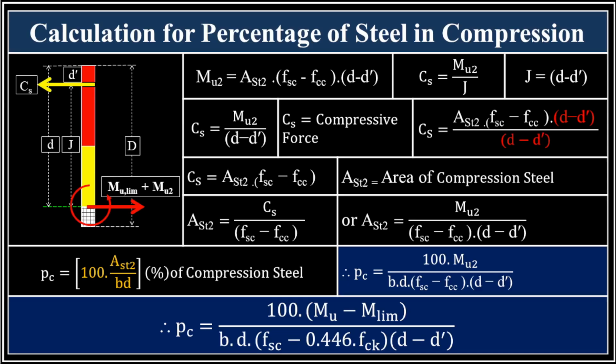In this final formula, we typically use 0.446 FCK for FCC, which is the stress in concrete at the level of compression steel. This systematic approach allows engineers to precisely determine the required amount of compression steel for doubly reinforced concrete beams, ensuring structural integrity and efficiency.